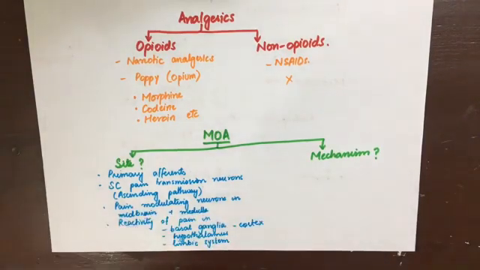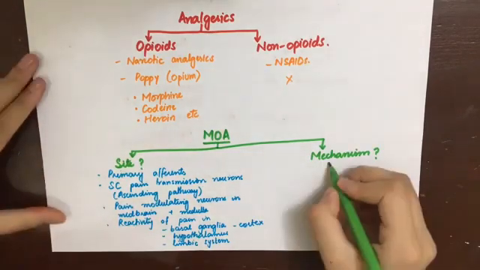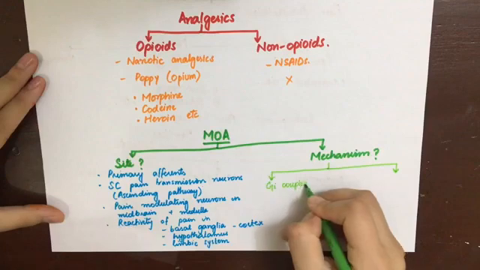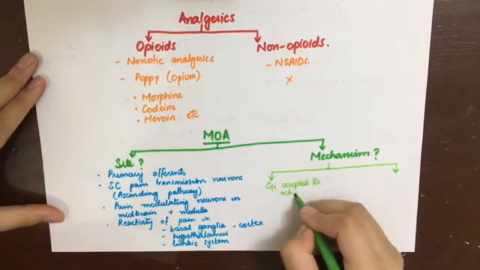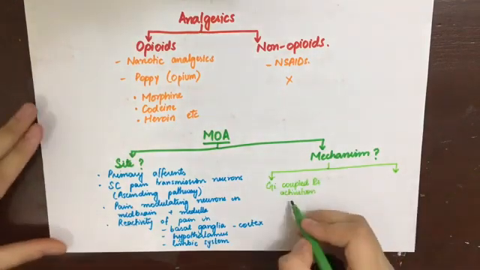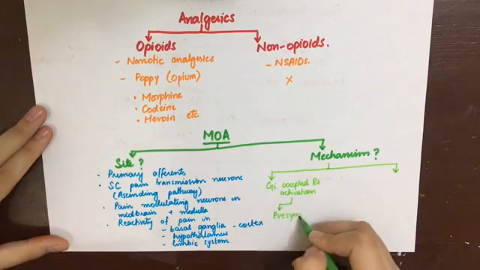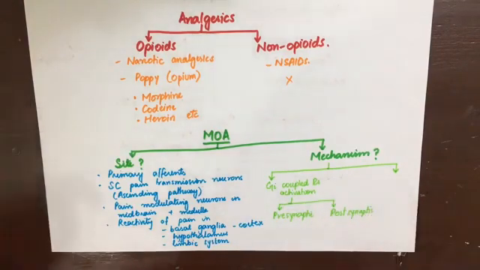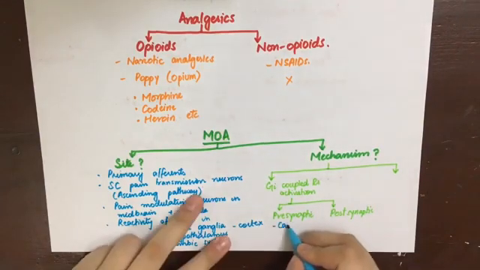While the mechanism by which opioid analgesics work can be divided into Gi coupled receptor activation, both presynaptic and postsynaptic, and also their effect on releasing the endogenous opioids that we just discussed.